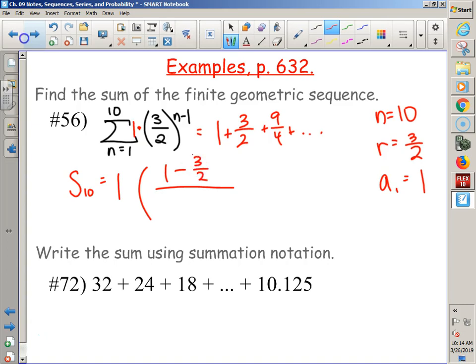Can I put 3 halves to the 10th power, 10th power all over 1 minus 3/2? Why am I not going to cross him off and put 0 and be like, yeah, it's close enough? It's bigger than 1. So plug in real quick. What's 1.5 to the 10th power? Or 3 halves to the 10th power. It's not going to be getting closer and closer to 0.